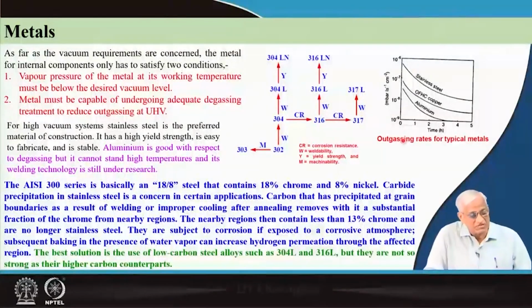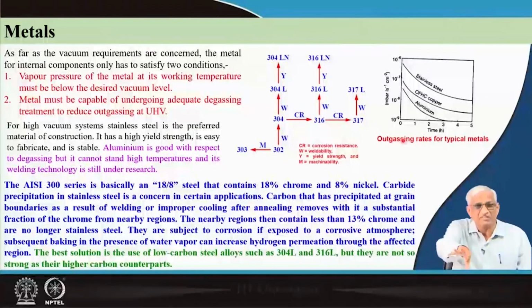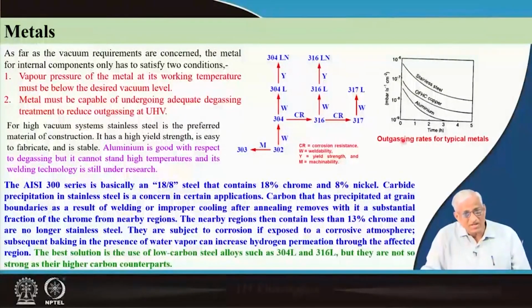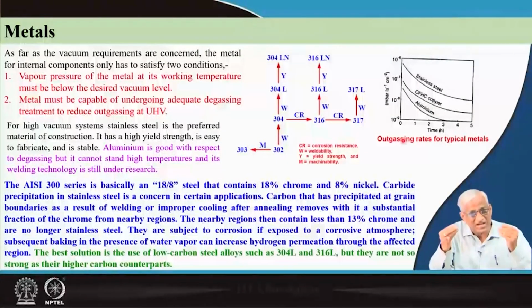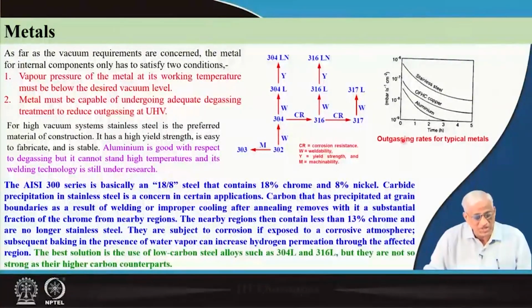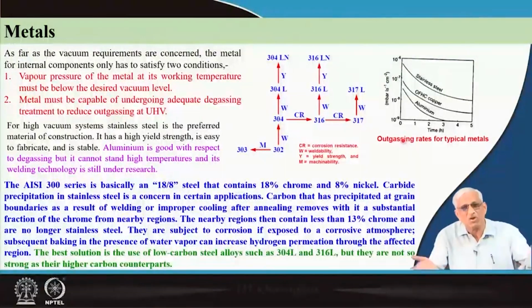This is the vapor pressure of that metal or alloy, whatever we are using, either as a constructive material or as a manipulator material within the vacuum chamber, or some transducer, or whatever you are keeping inside vacuum. Everything is a material. That should not degas at the working temperature, not at room temperature in the beginning when you are assembling it. At the working temperature, it should not degas or evolve lots of gases.